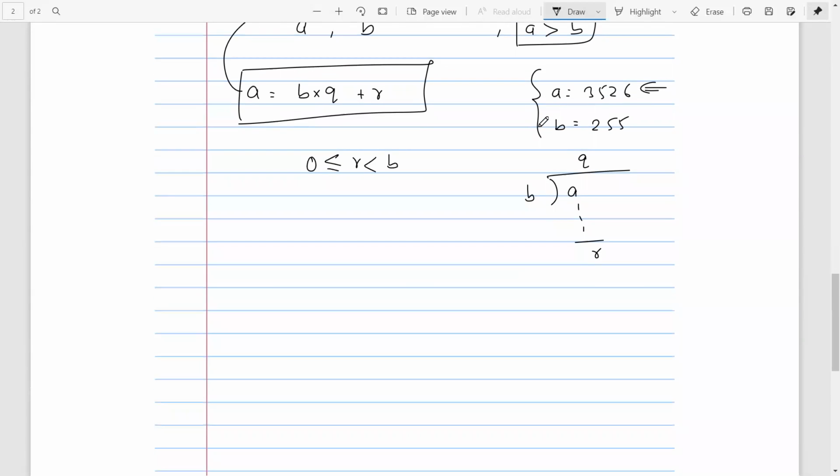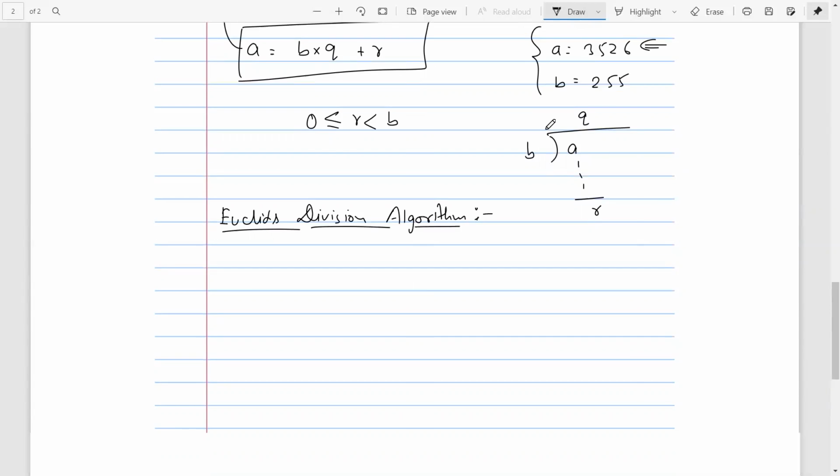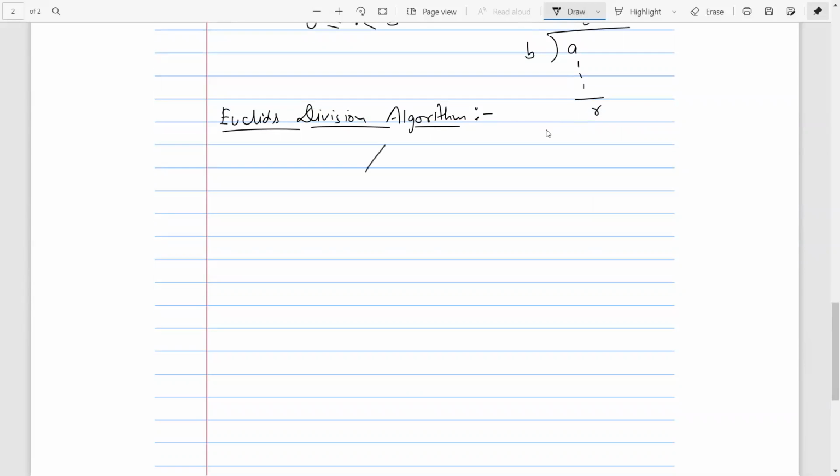And in yesterday's class we had also seen just the introduction of Euclid's division algorithm. Now, what is that? We had Euclid's division lemma, and then we are doing the algorithm. This Euclid's division algorithm uses the same idea, that is, a is equal to bq plus r.